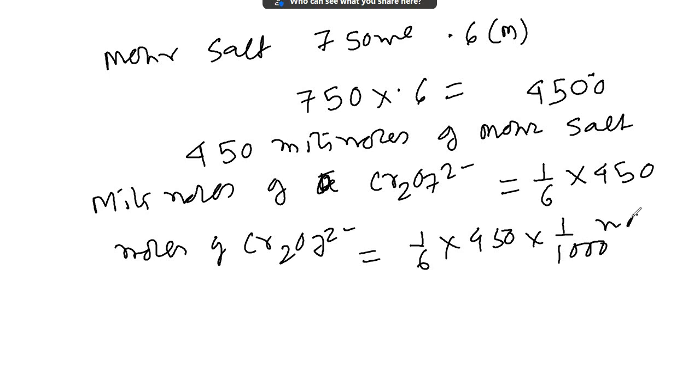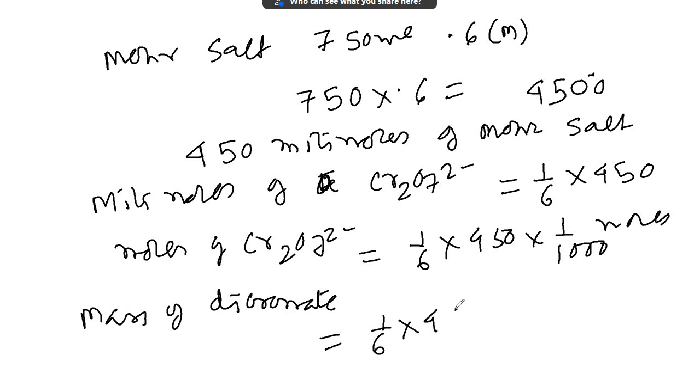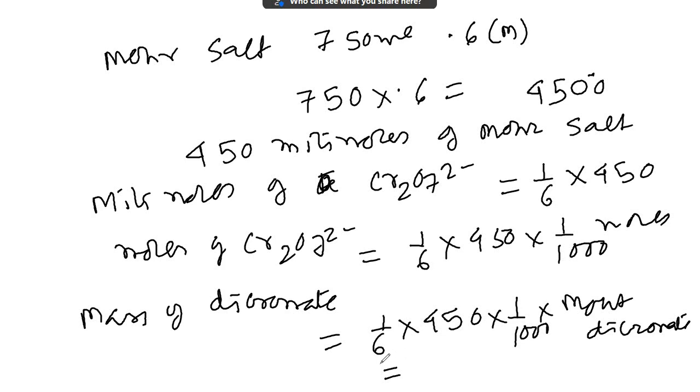The mass of dichromate will be moles multiplied by molecular weight: 1/6 into 450 into 1/1000 into the molecular weight of dichromate. Calculate the molecular weight of dichromate, and roughly you will get 22.05 gram.